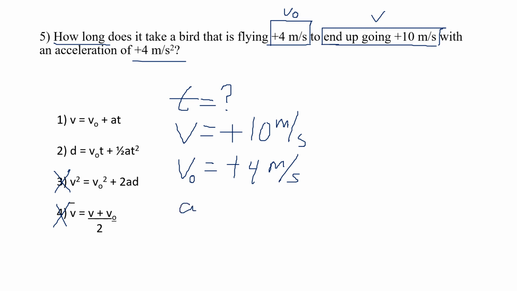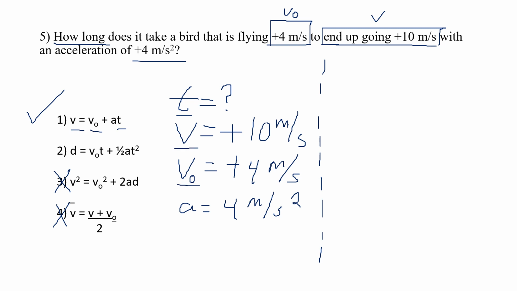And the acceleration is 4. Awesome. 2 equations to pick from. Is it number 1 or number 2? Well, hopefully you guys are noticing some patterns, and I hope that you're saying it to the screen as you watch this, but I hope you realize it is going to be number 1. The variables match up perfectly. And there's no distance, so we can't use that one anyway.